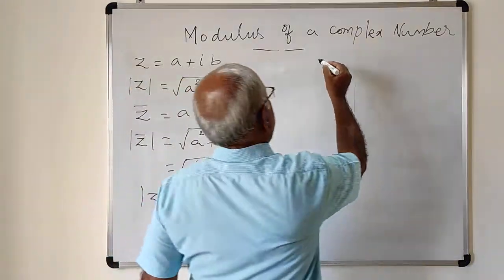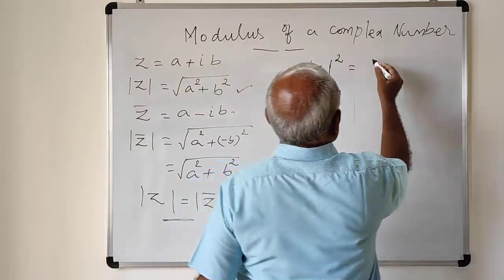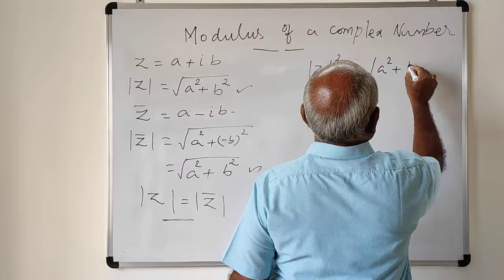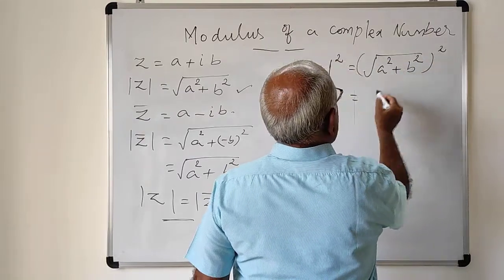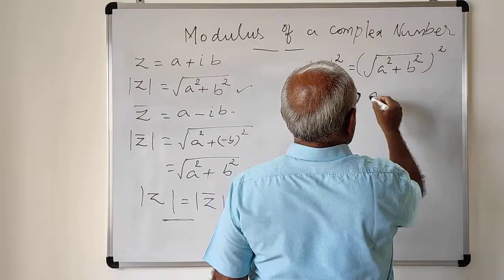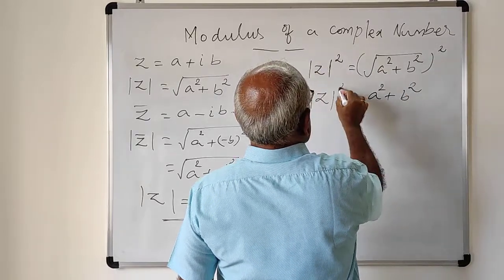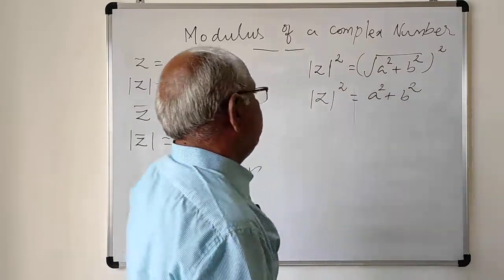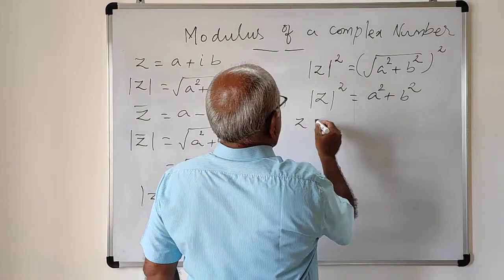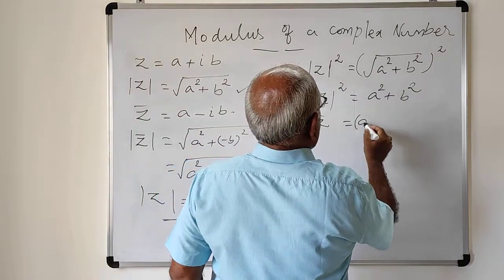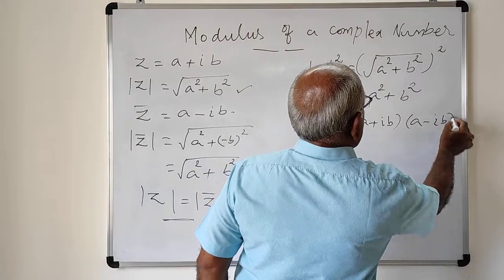What is mod of Z square? Root of a square plus b square, the whole squared. Squaring and square root cancel, you get a square plus b square. So modulus of Z square is a square plus b square. What is Z into Z bar? Z is a plus ib, Z bar is a minus ib.